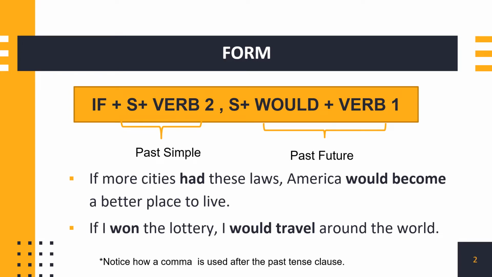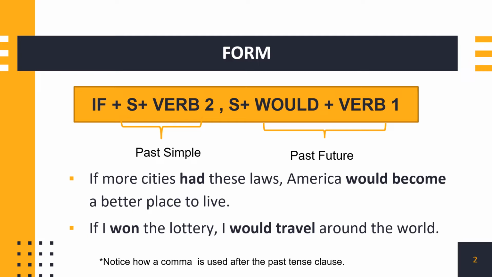The emphasis is in the use of verb 2 after the subject. And then the main clause is using past future. It consists of subject plus would plus verb 1. Remember, subject plus would plus verb 1.